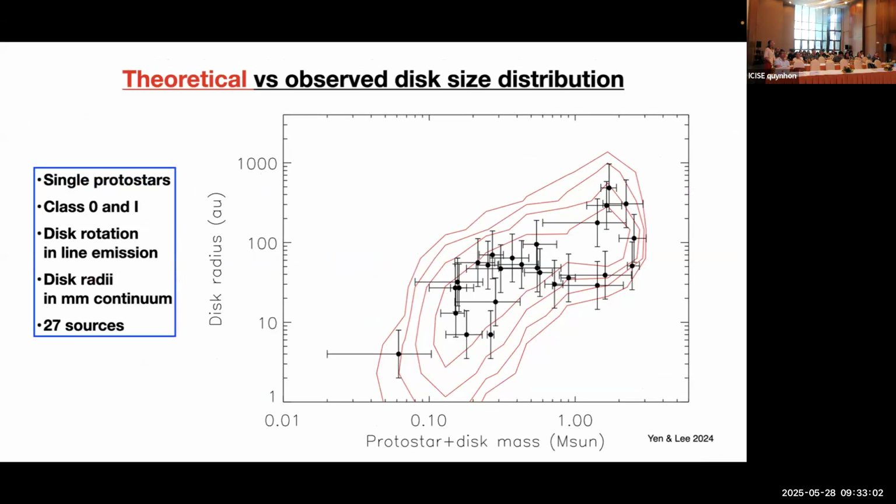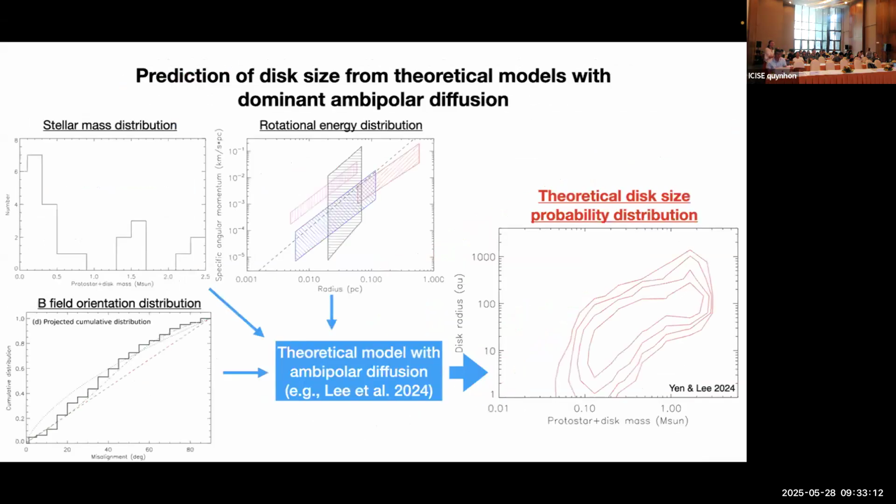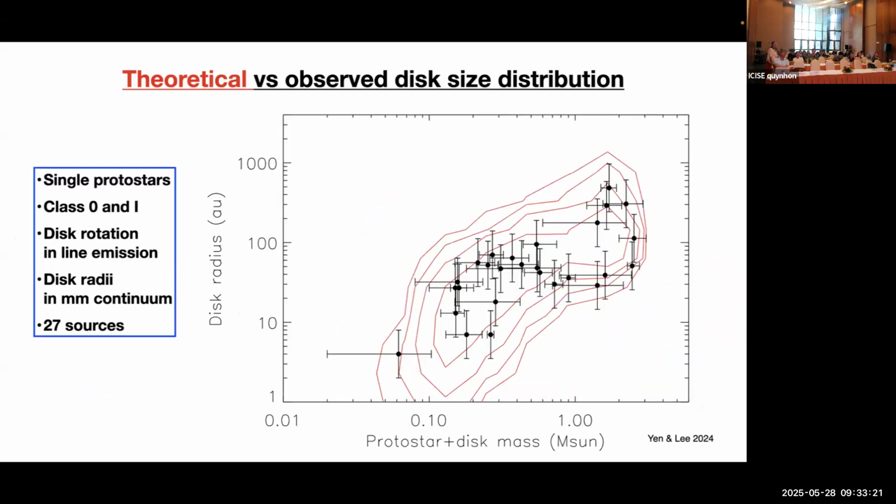Let me clarify. First, we find a sample with a resolved disk. We measure the scalar mass, and that's one of the inputs to make a prediction. Given this scalar mass distribution, we predict what the disk radii should be, and then we compare with what we observe here. Indeed, they all fall within our prediction.